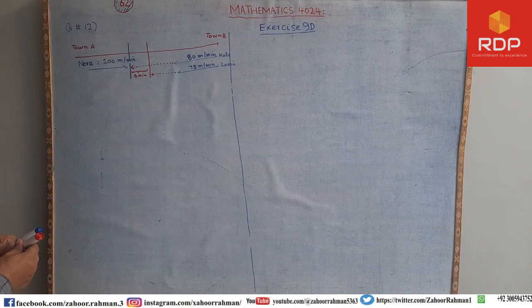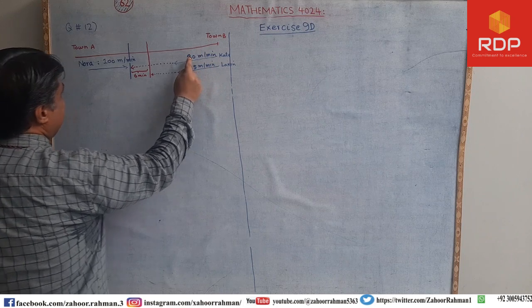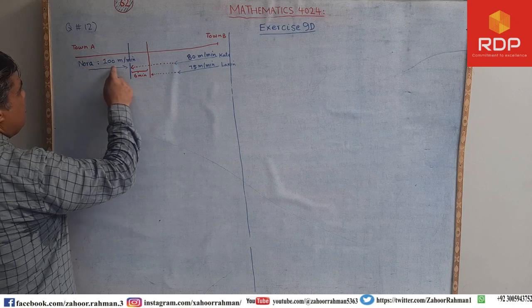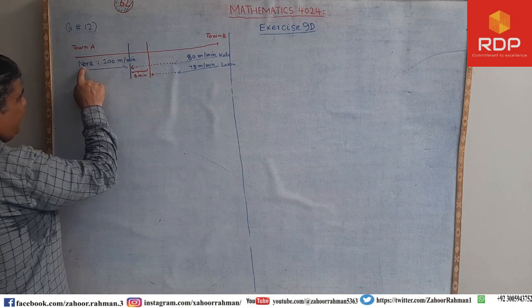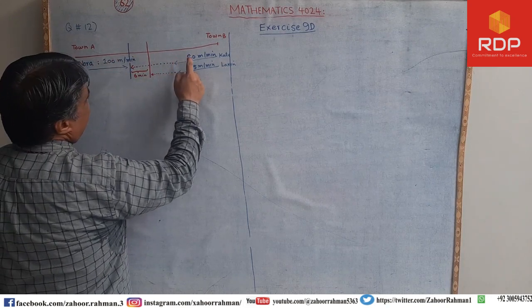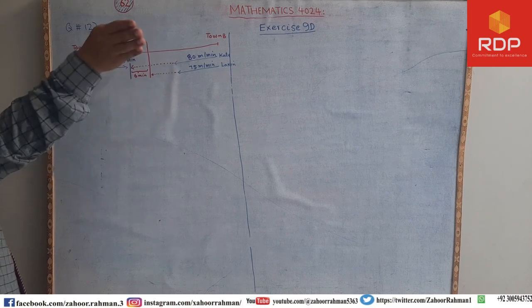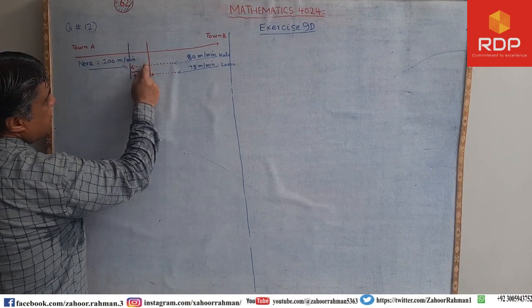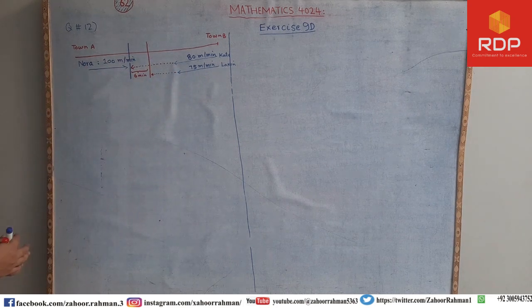Because Katie is moving at a faster rate, she will meet Nora here. When Nora meets Kate, she is still going on, and after 6 minutes, Nora meets Lexon.